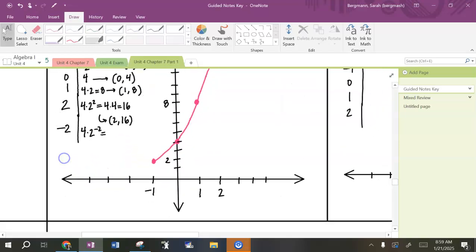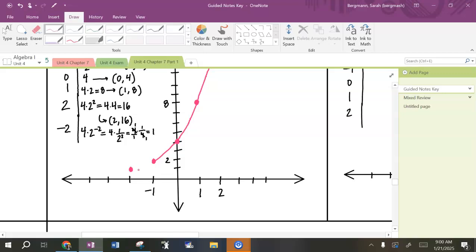I know that to deal with a negative power, I have to bring the base to the denominator, so that's going to be 4 times 1 over 2 squared. 2 squared is 4, so I get 4 times 1 over 4. 4, you could write as 4 over 1. 4 over 1 times 1 over 4, you can reduce your 4's to 1 and 1. So we just actually end up with 1 times 1, which gives us 1. So we have a point at -2, 1. That's going to be here.